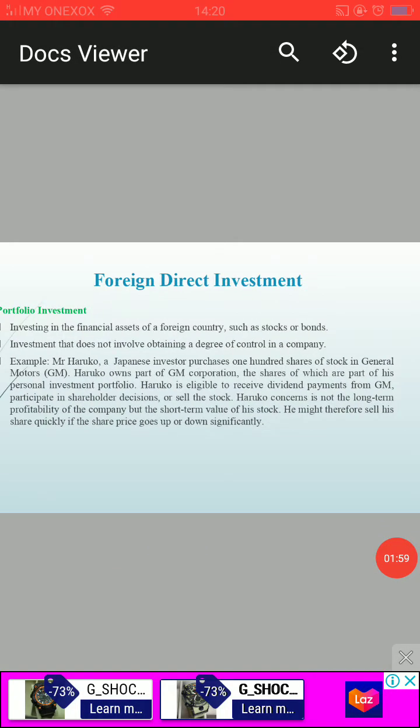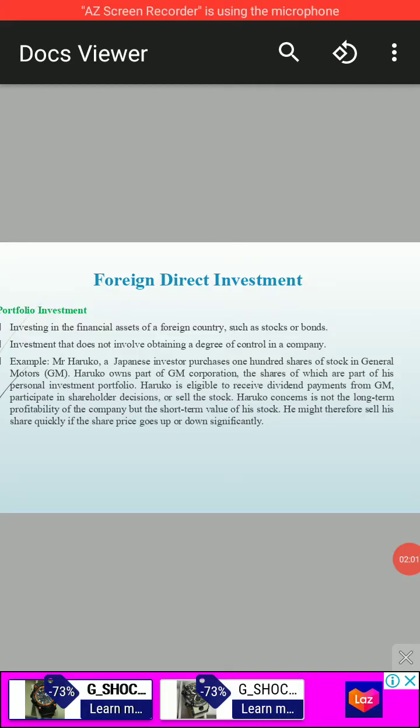Okay, just now I explained the foreign direct investment whereby they build or set up operations in foreign countries. Another way of FDI is the portfolio investment whereby the investor will invest in financial assets, which is in terms of stock or bonds. That means they are the shareholder. For example, Mr. Haruko, a Japanese investor, purchased 100 shares of stock from GM Motor.